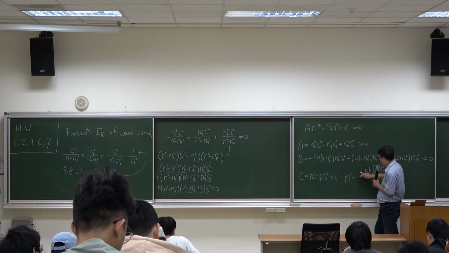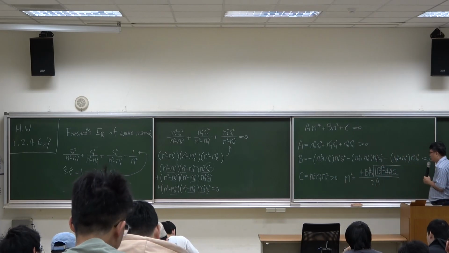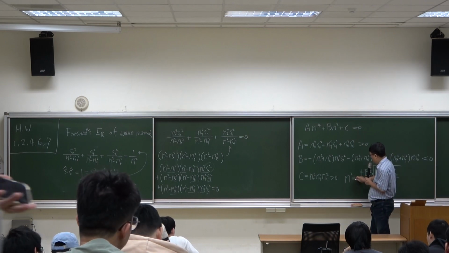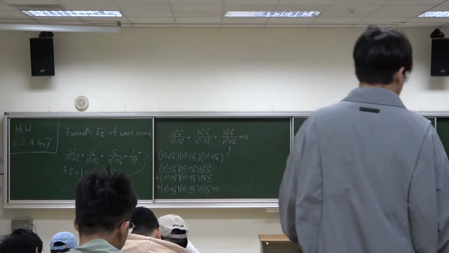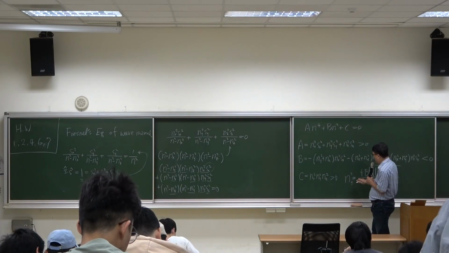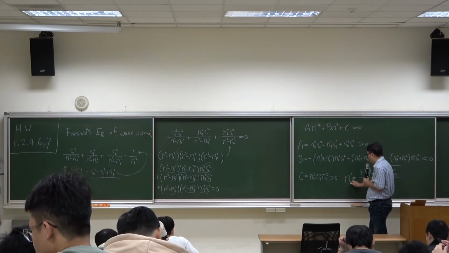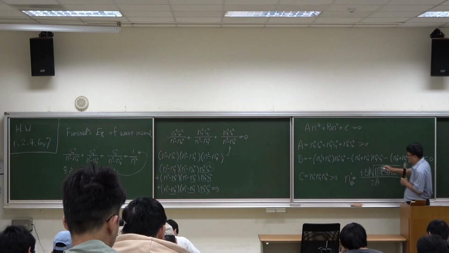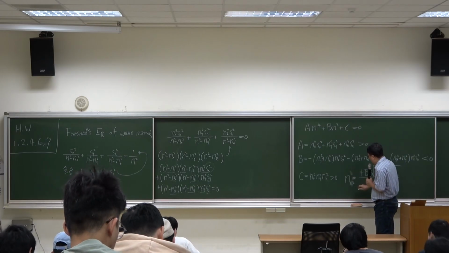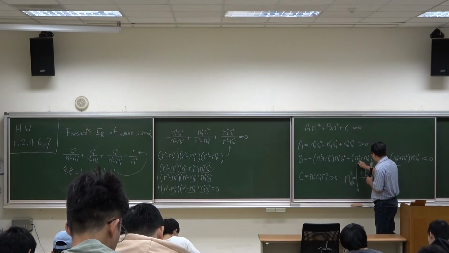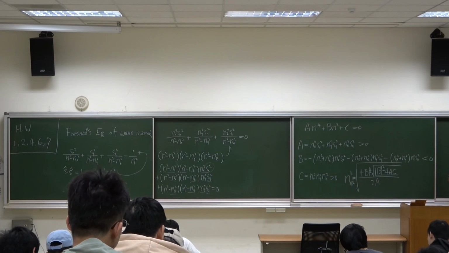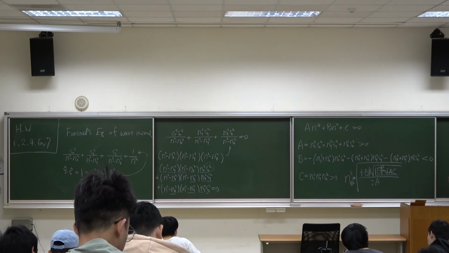we get two possible solutions of n squared. I can denote them as n plus and n minus, or n1, n2. Then I take the square root of this result to get two possible refractive indices.